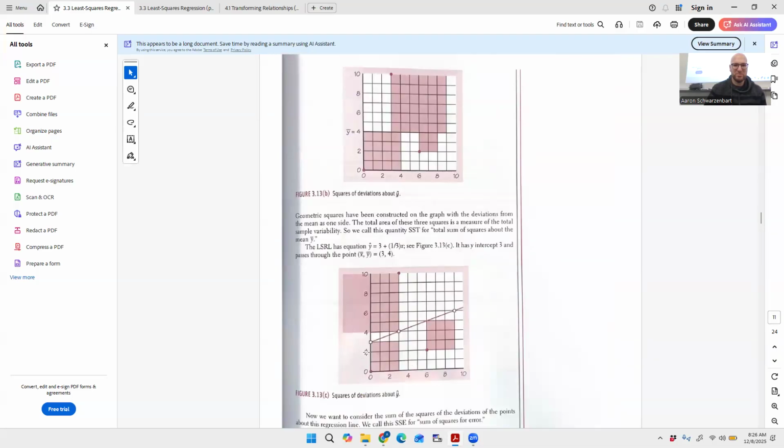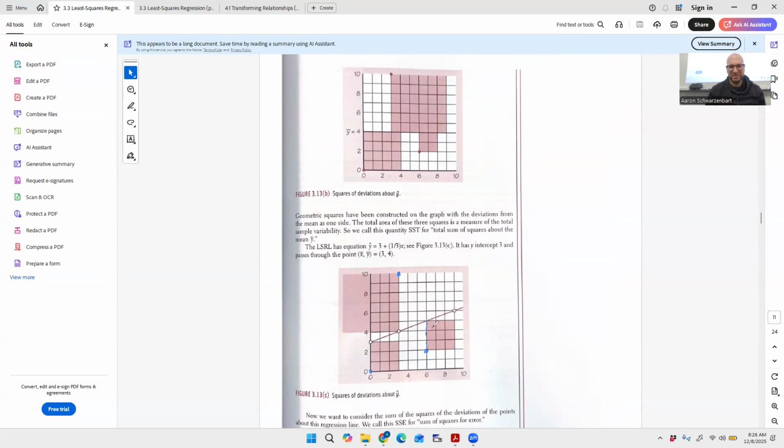So it literally means my points are here, here, and here. The distance here is 3 to the predicted.